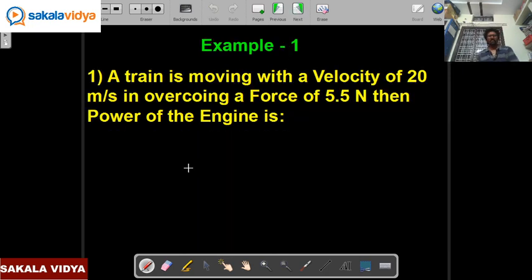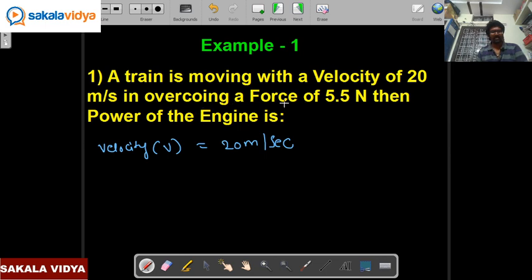A train is moving with a velocity of 20 meter per second, overcoming a force of 5.5 newtons. Then what is the power of the engine?